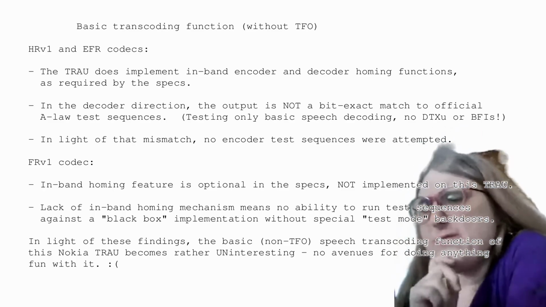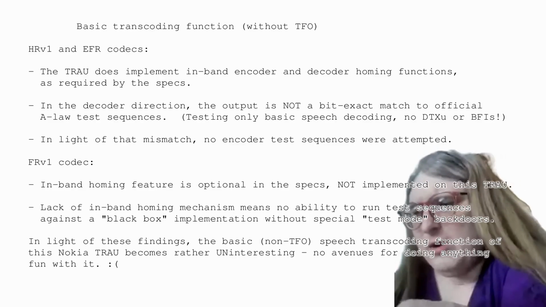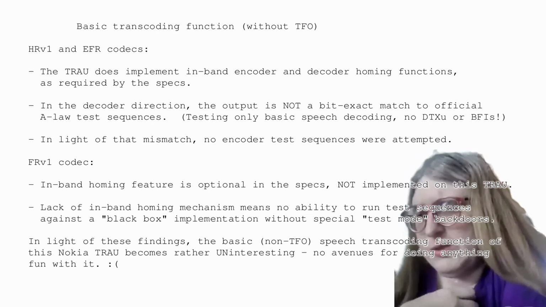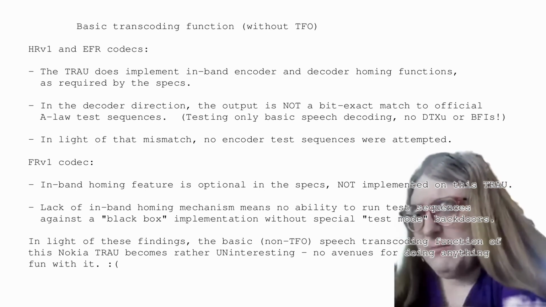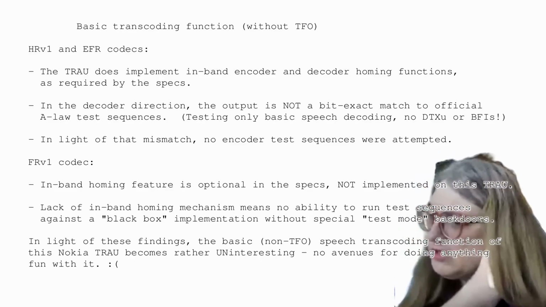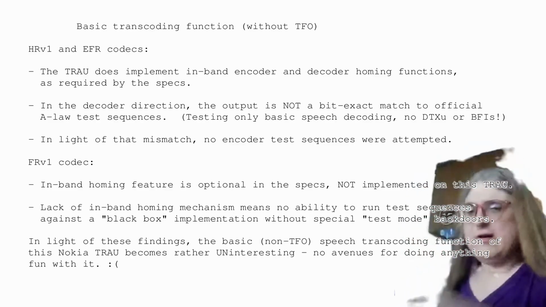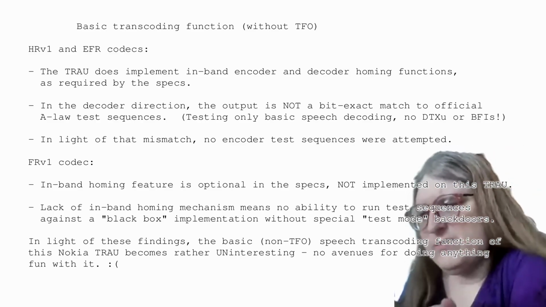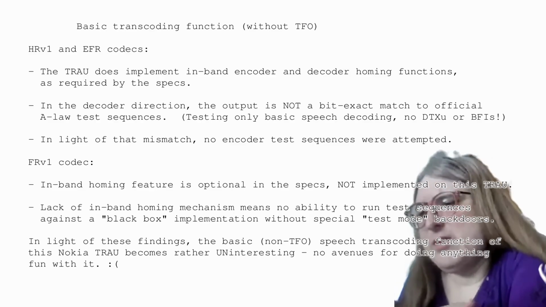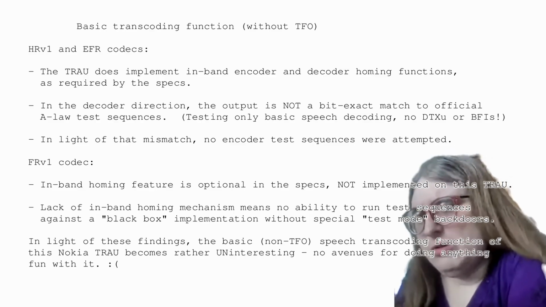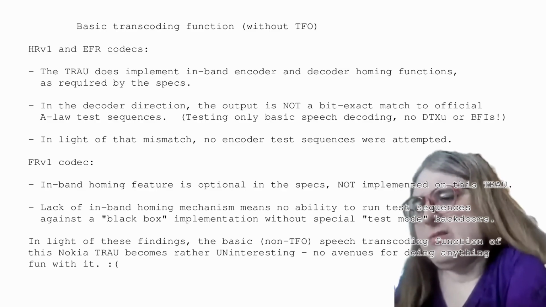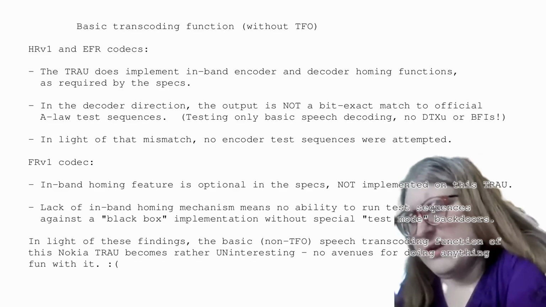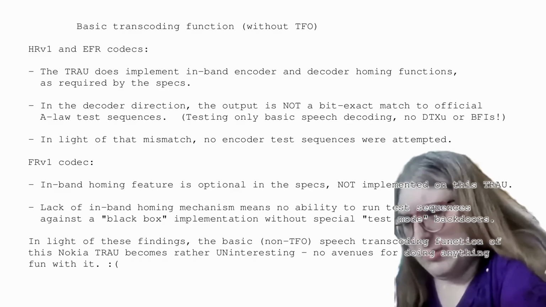For both half rate and EFR codecs, we have official reference sources in C from ETSI, and that's a complete C source, does everything. So of course it's bit exact because it's C source. However, it's not all normative. When you read the verbiage of the specs, some aspects of this bit exact behavior are considered normative, and other things are considered to be a non-normative example. Basically everything that deals with error handling is considered a non-normative example.